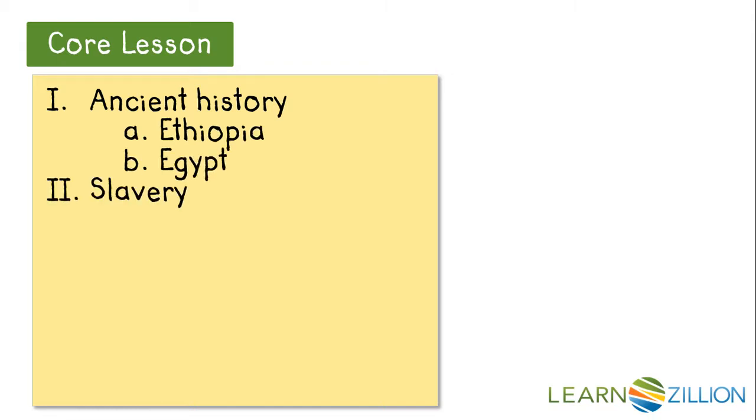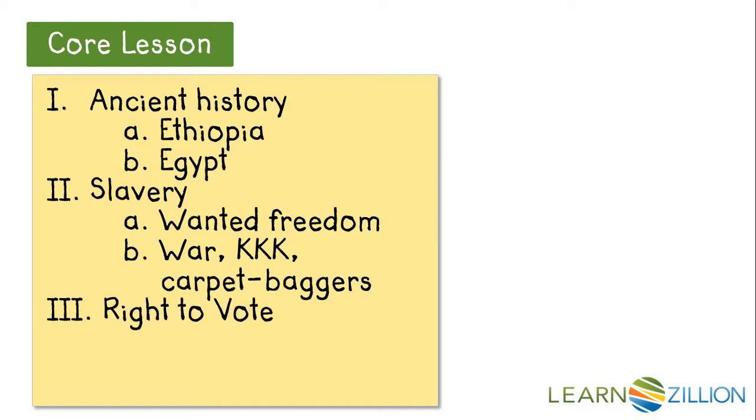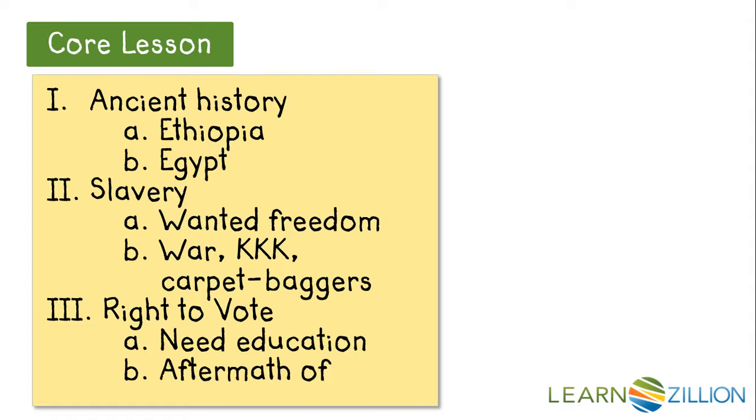And second, Du Bois talks to us about slavery, how the slaves wanted freedom, but war, the KKK, and the carpetbaggers were holding them back, increasing the oppression. And then finally there was the right to vote, but they realized they needed education, and they were dealing with the aftermath of rape. So when I look at these, what is the common string through all of these?